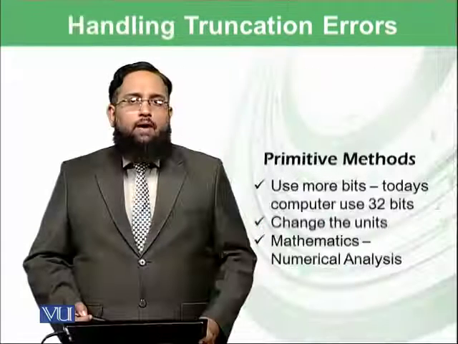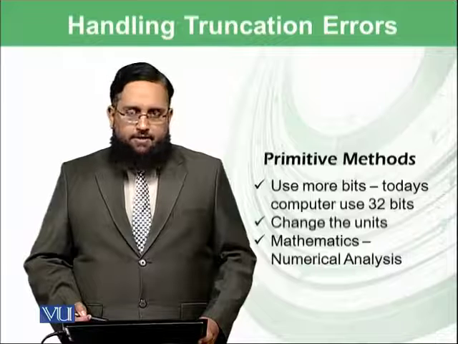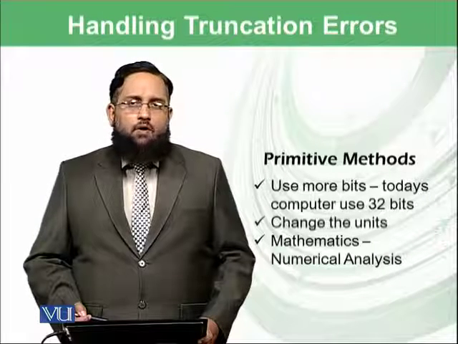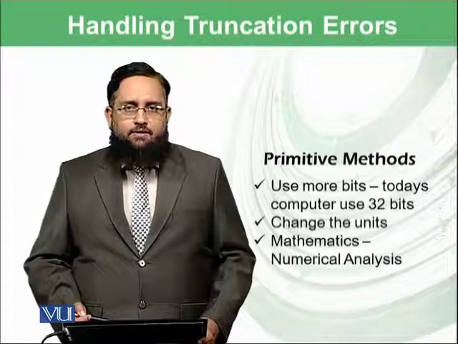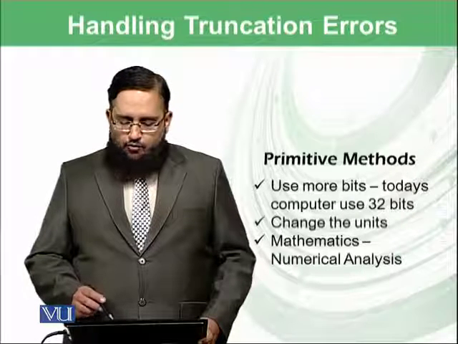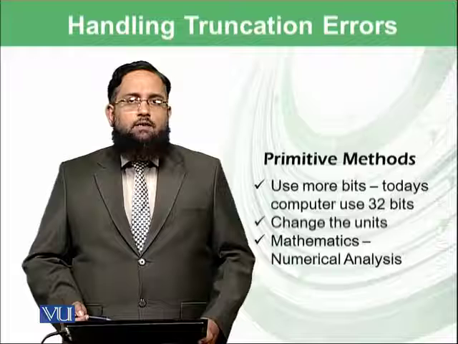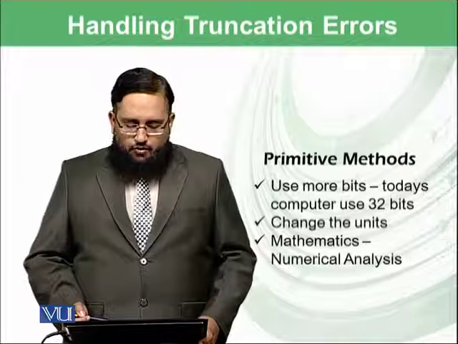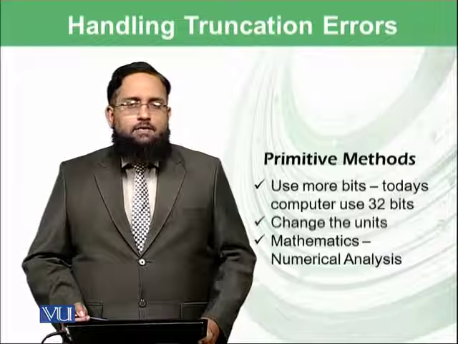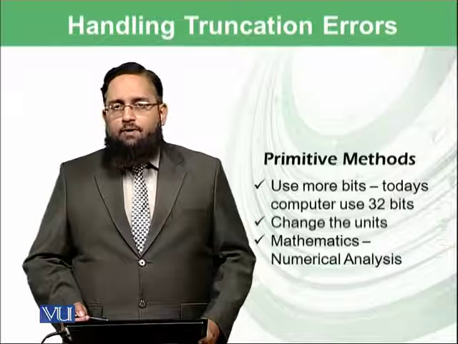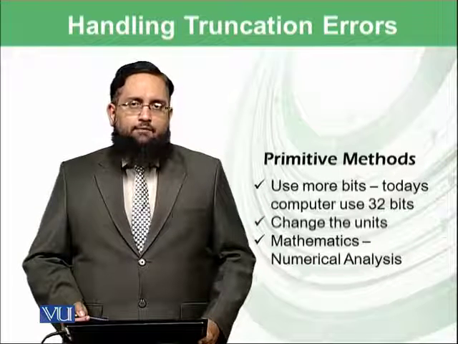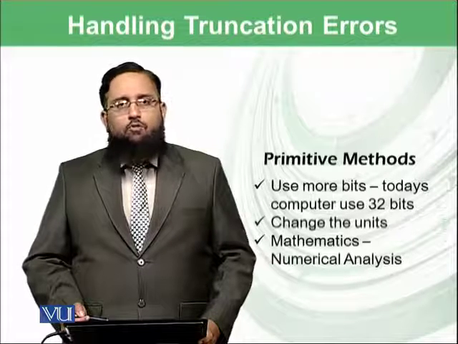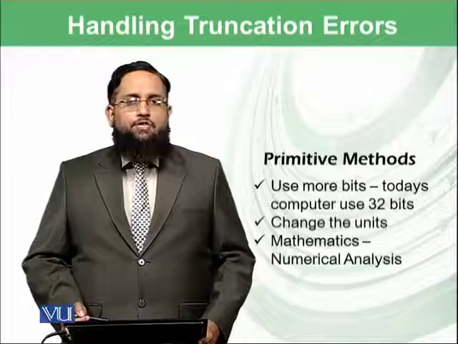So how to handle such truncation errors? There are different methods. One method, which is called the primitive method, is a very easy method, and it says that you use more bits. Today's computers normally use 32 bits rather than 8 bits. So in this scenario, today's computers might not have such a truncation error at first glance as we encountered. However, there could be a chance that a truncation error still occurs.